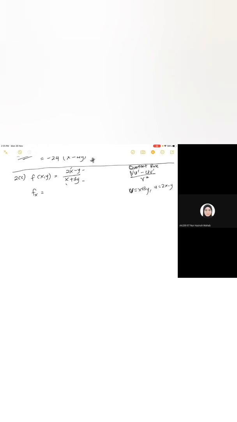Now when you want to differentiate the v, you have to differentiate with respect to x only. Okay, why? Because we want to use fx here now. So vx will be 1, ux will be 2. Okay, differentiate v with respect to x gets 1, differentiate u with respect to x gets 2. The 3y is constant will become 0, the negative y is constant will become 0 as well.